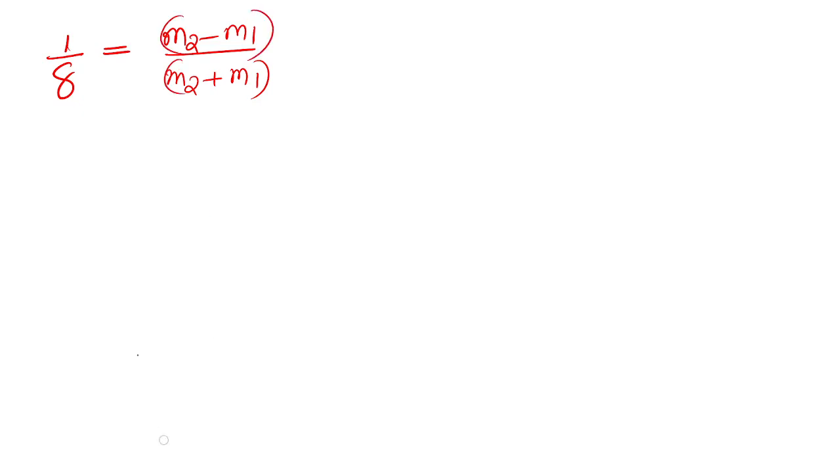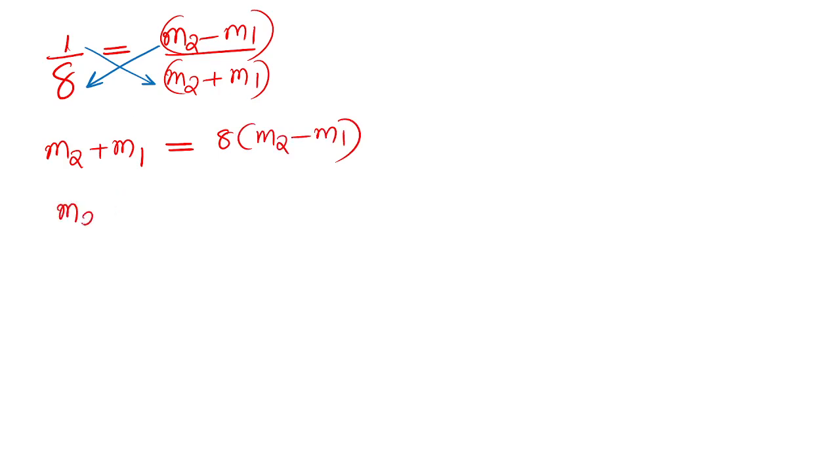If you have an equation like this, you can do the cross multiplication: 1 into m2 plus m1, and 8 into m2 minus m1. You understood? Just did the cross multiplication. m2 plus m1 equals 8 m2 minus 8 m1, opening the bracket.